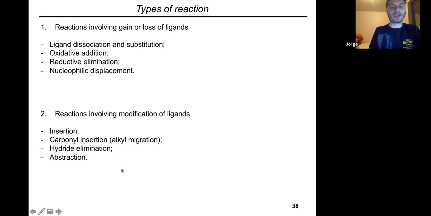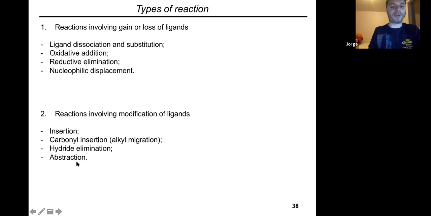And the second type that we are going to leave for Wednesday is reactions involving modification of ligands. Again, four different kinds. First one is insertion. Third one is carbonyl insertion or alkyl migration. Third one is hydride elimination.